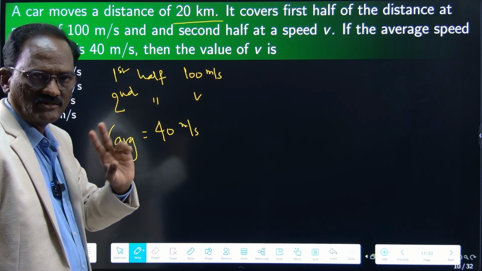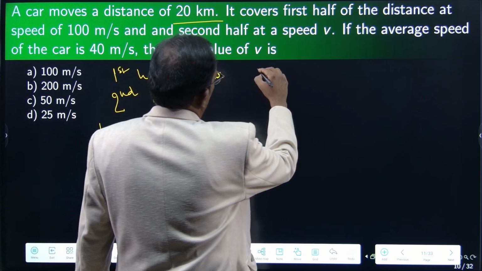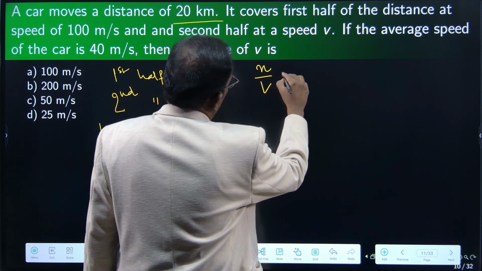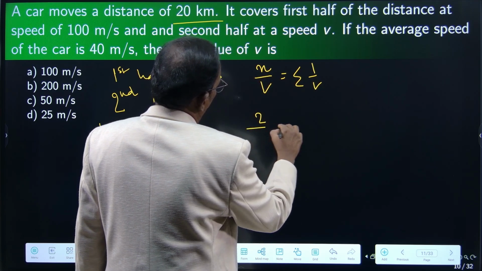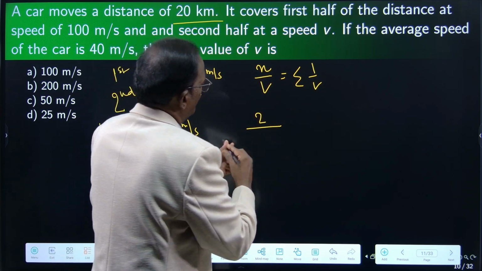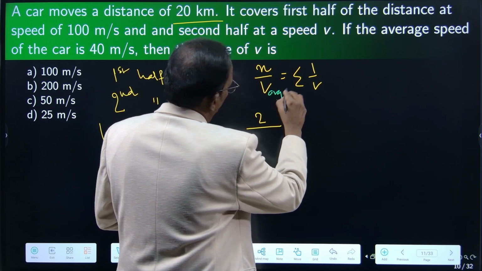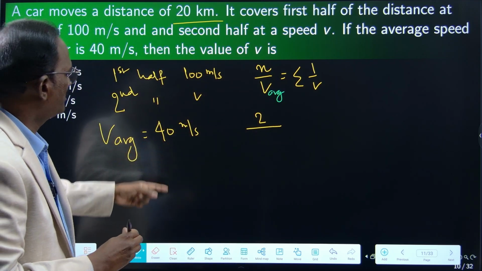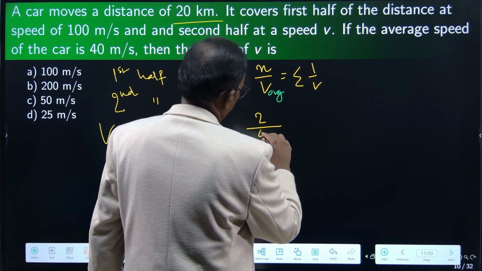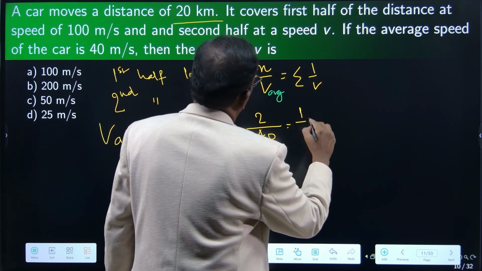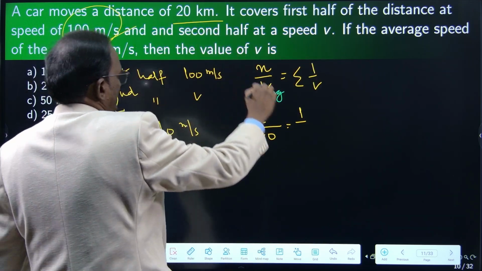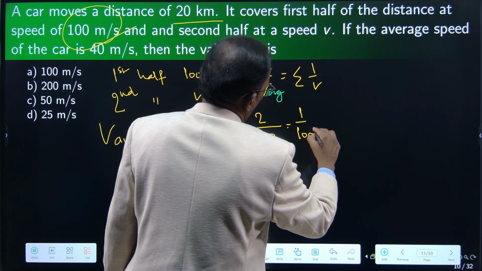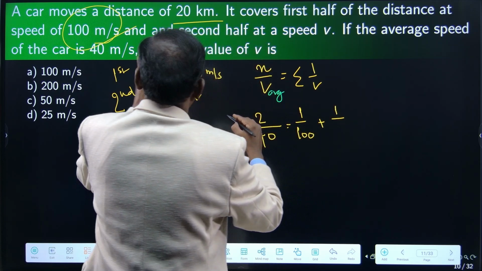So 2 halves, so n is equal to 2. As usual, we will write n by v is equal to sum of 1 by v. n is equal to 2 here. V average is given as 40. 1 by v1, v1 is 100 meter per second, plus v2 is v itself.